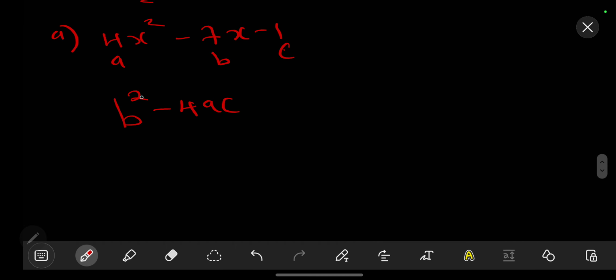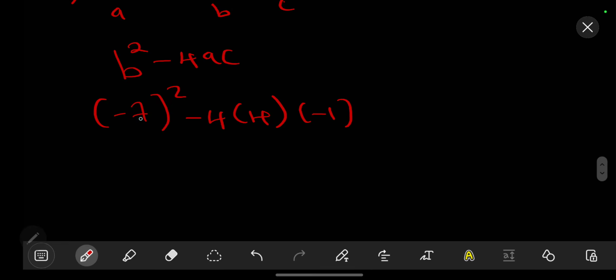So b is -7, so we say (-7) squared minus 4, our a is equal to 4, then our c is equal to -1. Find out what it gives you. (-7) squared, in brackets, is positive 49. If it wasn't in brackets, we would have -49.